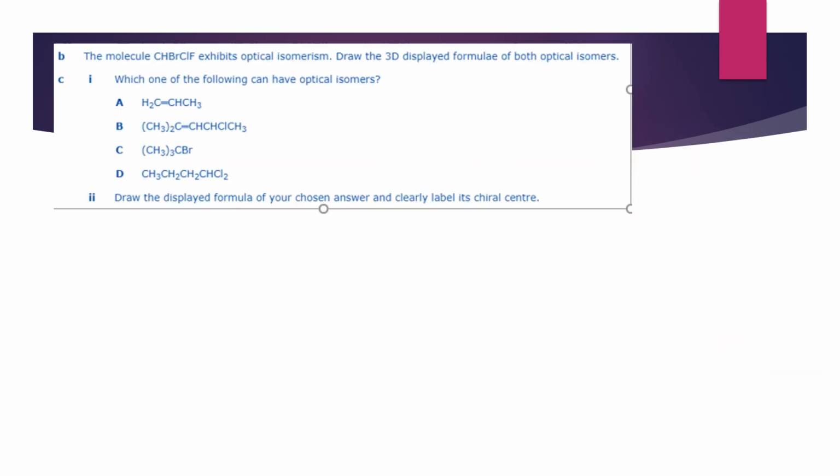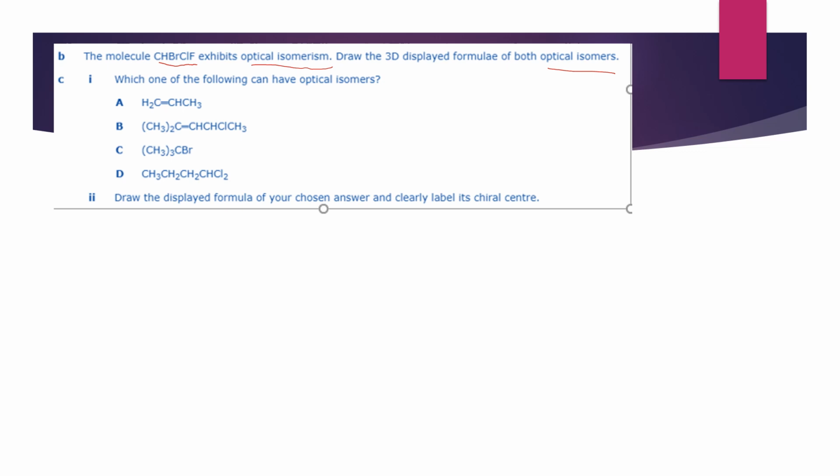Continue with number B. The molecule CHBrClF exhibits optical isomerism. Draw the 3D displayed formula of both optical isomers.